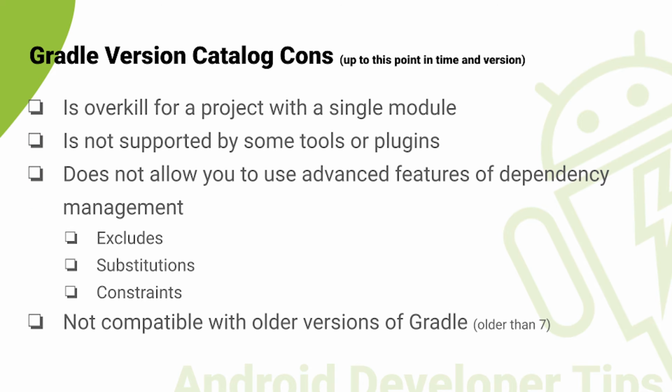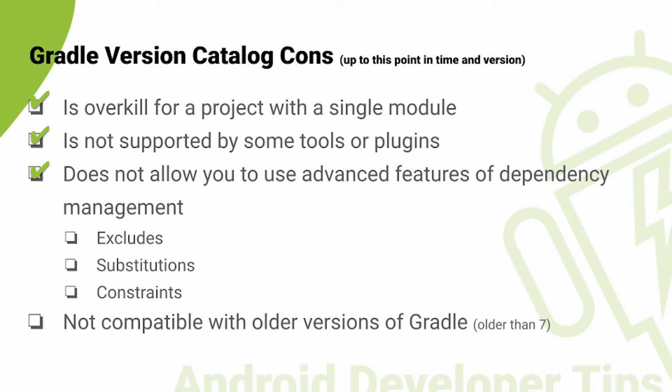Now let's talk about cons up to this point in time and version. Version catalog is overkill for a project with a single module, and it just makes your life harder. It's not supported by some tools or plugins that rely on the traditional way of declaring dependencies.